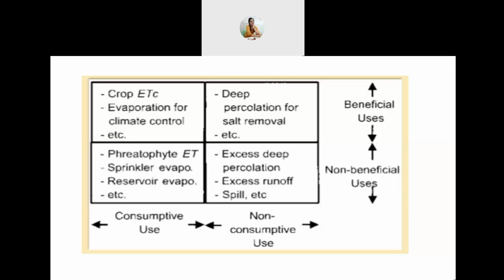Now you can see the next block, which is deep percolation or soil removal, excess deep percolation, excess runoff, spill, etc. And these factors come under non-consumptive use. The upper two blocks horizontally represent the beneficial uses and the lower two blocks horizontally represent the non-beneficial uses. This diagram or figure may be important for examination purposes.